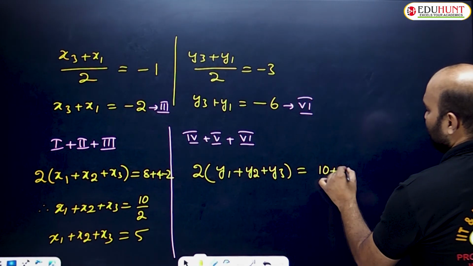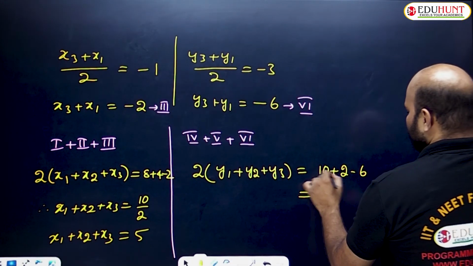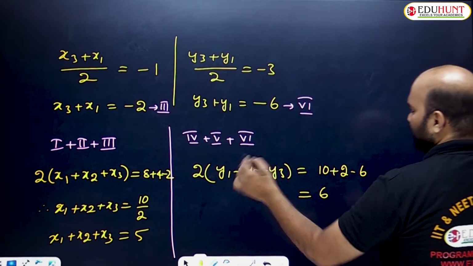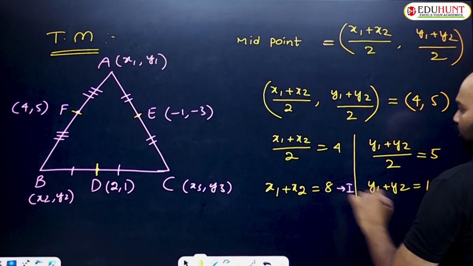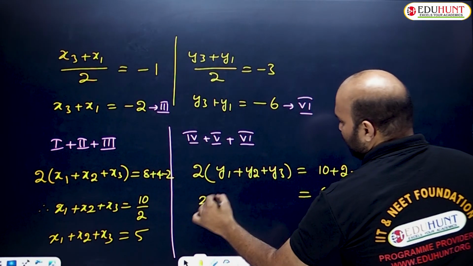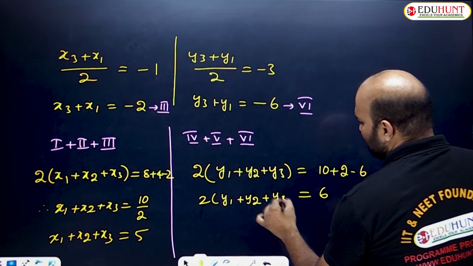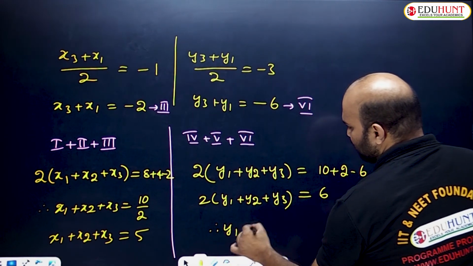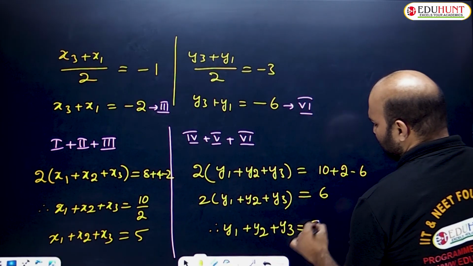So 10 plus 2 minus 6, what is the value? 12 minus 6, 6. So 2 into y1 plus y2 plus y3 equals 6. Therefore y1 plus y2 plus y3 equals 6 by 2, which is 3.